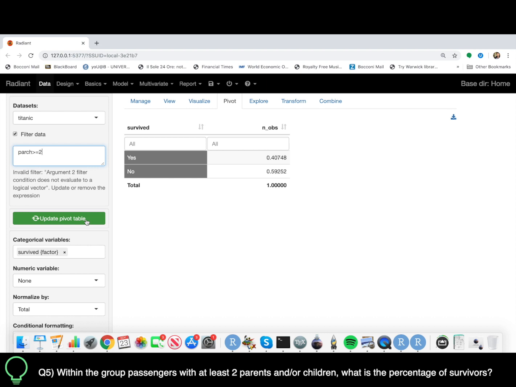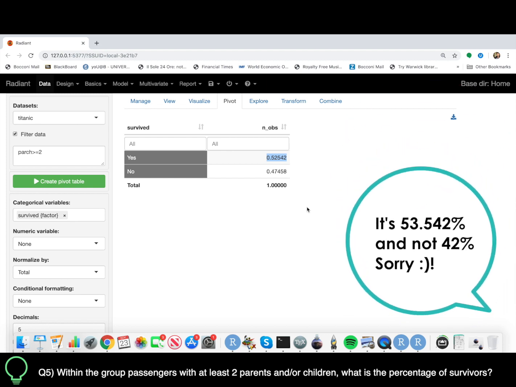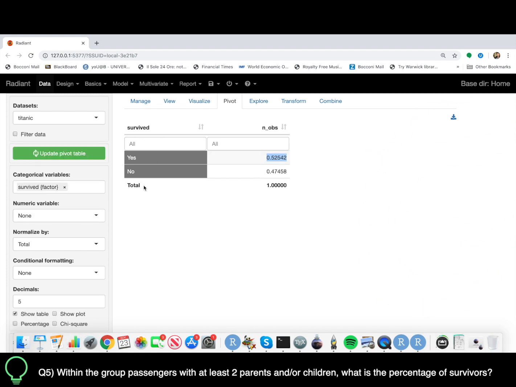Okay, so the pivot will now be recalculated using the filtered data set, and the answer is in this filtered data set. The percentage of survivors is 42.542%. Don't forget to untick the filter if you're asked for similar questions. Otherwise, you're doing all the calculations for the filtered dataset and not the full dataset.